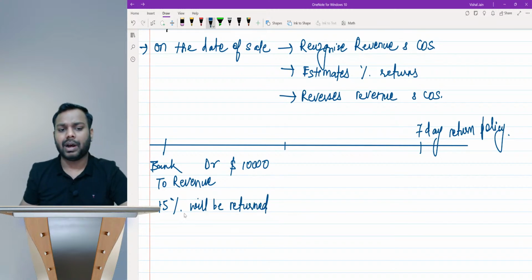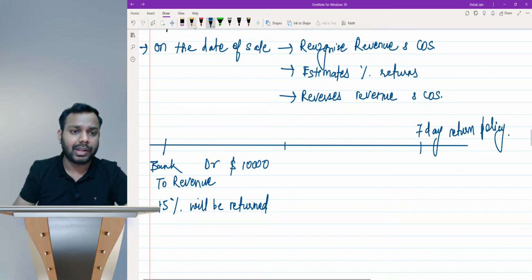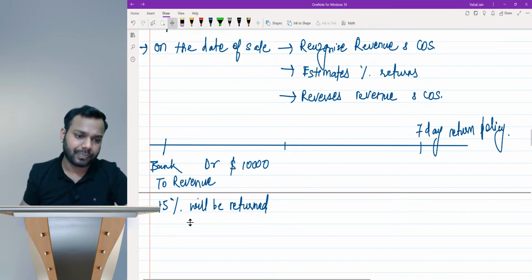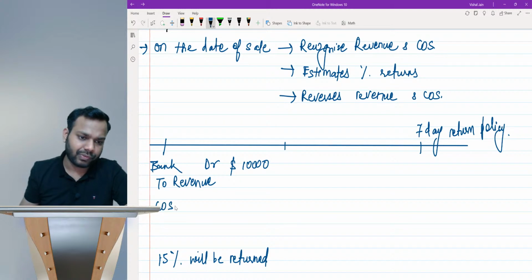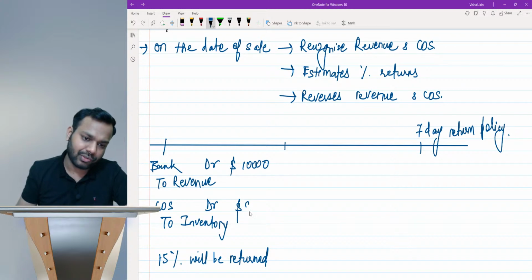So what the company does, the company reverses the revenue. Here the company recognizes the cost as well. Let's suppose the cost is 8,500. So the company recognizes cost of sales account debit to inventory $8,500.